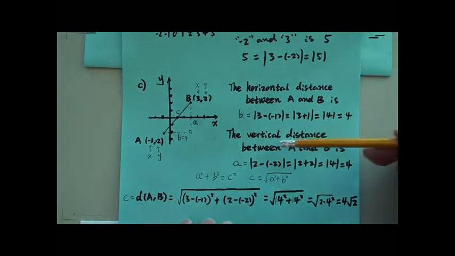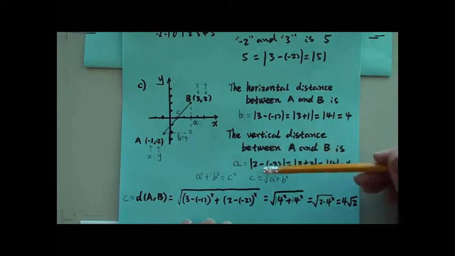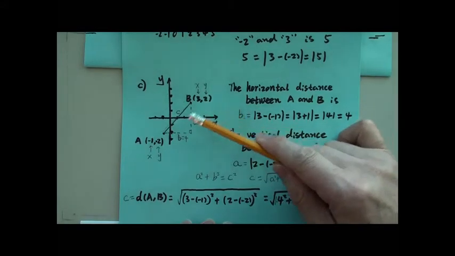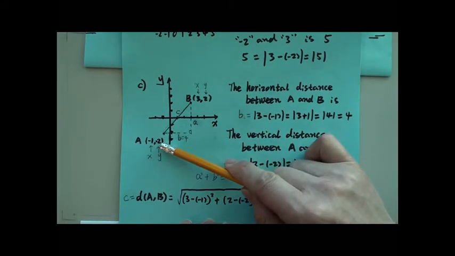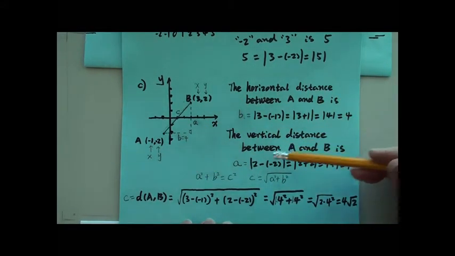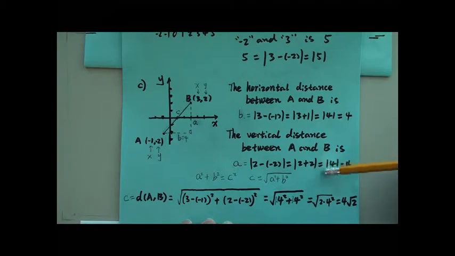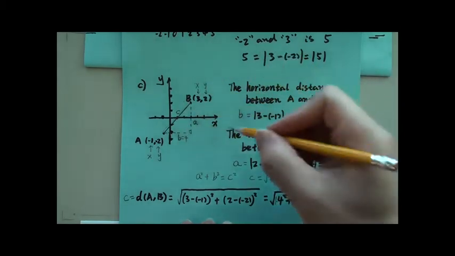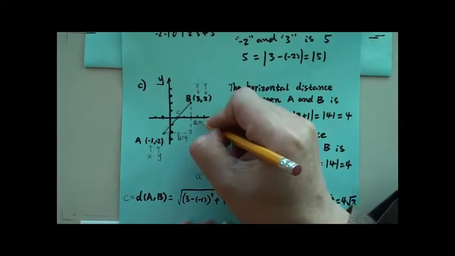The vertical distance between A and B is 2 minus negative 2. So it's this y value minus this negative y value. 2 minus negative 2 is 2 plus 2, which is 4. Choose the absolute value, it's still 4. So here A, the vertical distance, is also 4. Alright.